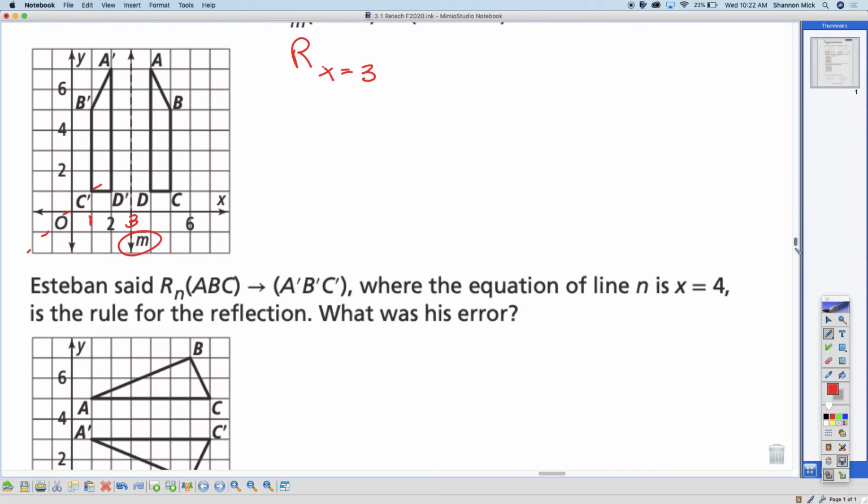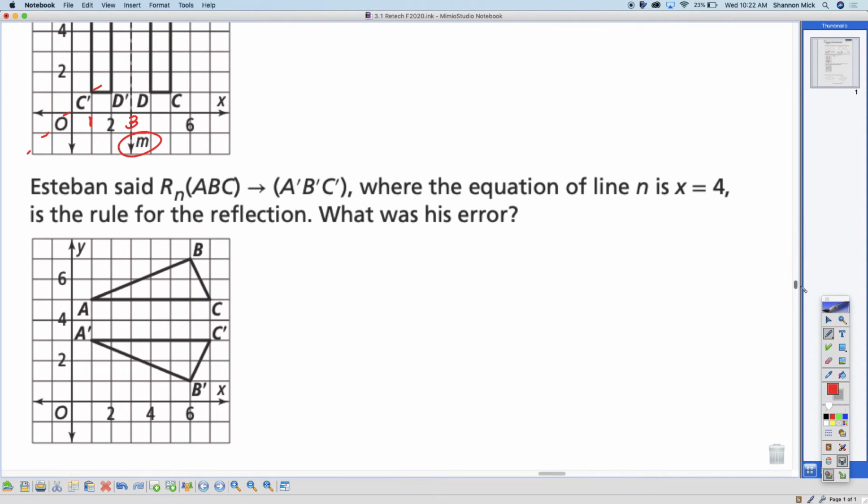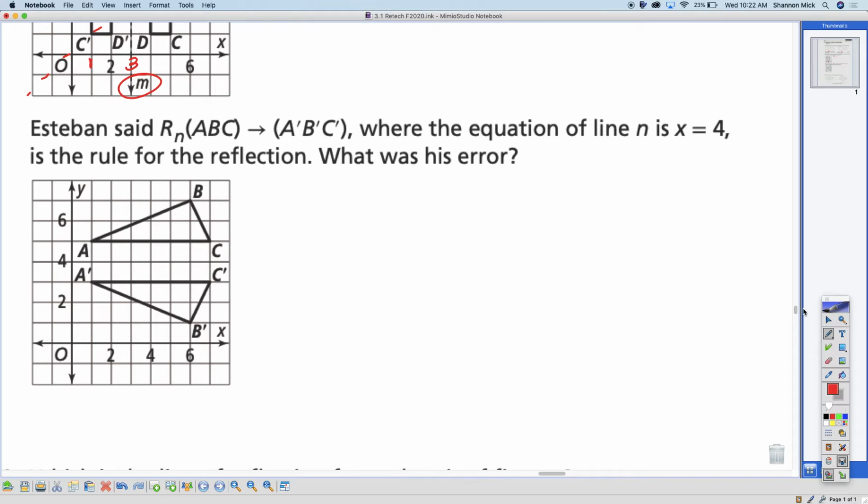So we have the error. Esteban said R sub n of A, B, C goes to A prime, B prime, C prime, where the equation of the line n is x equals 4, is the rule of the reflection. What is his error? He changed position.